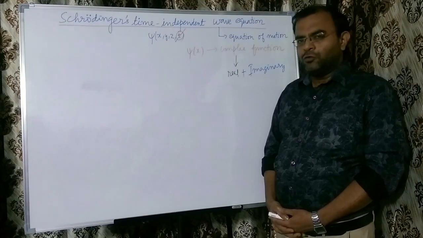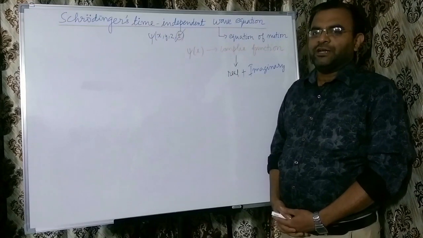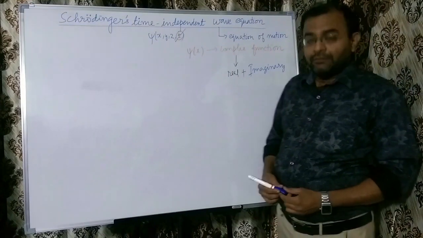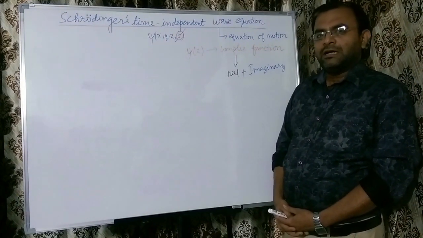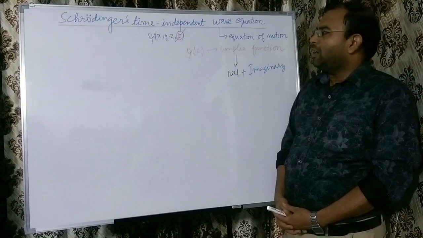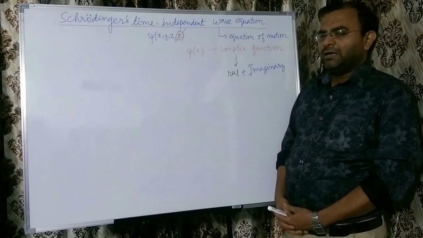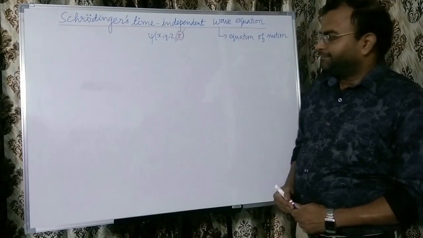So please do look out for a video on significance of the wave function in quantum mechanics. Right. Now let us proceed to derive Schrodinger's time-independent wave equation in a few simple steps.